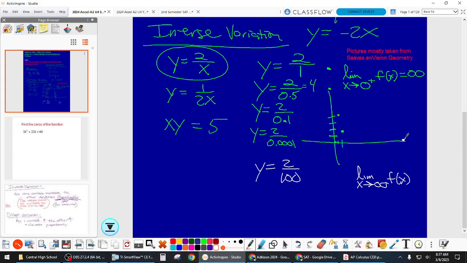Okay, I'll put one in between here. What's 2 over 10? 0.2, okay? So somewhere, obviously, here in the middle. And then if we go out farther, 2 over 10,000, that would be the analog of this one.